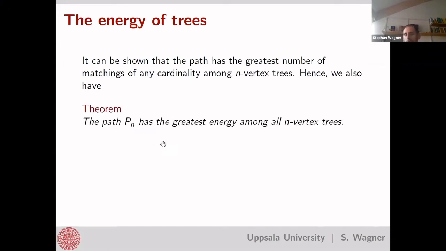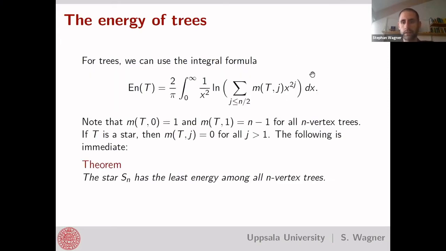So the path has the greatest energy among all the n-vertex trees. So star and path are at the two ends when it comes to the energy. That's maybe not surprising because star and path are usually the trees that maximize and minimize everything. But there is a rather neat and elegant way to show that, just using the matchings and this integral formula.